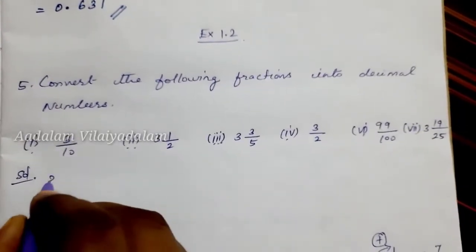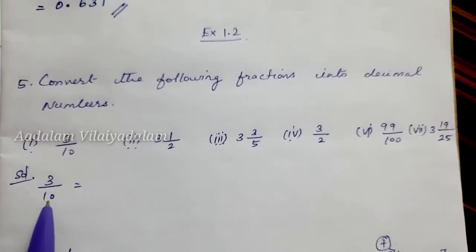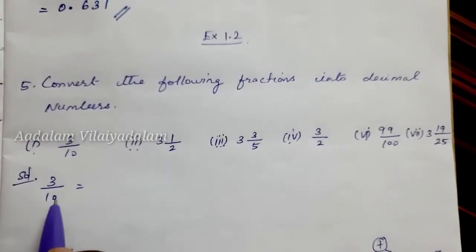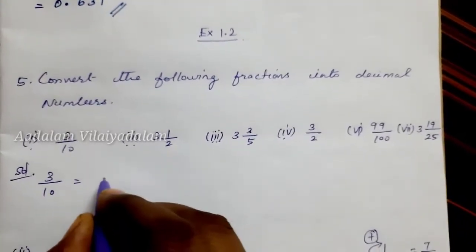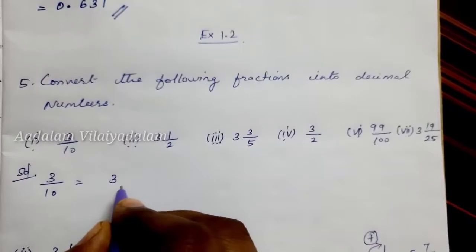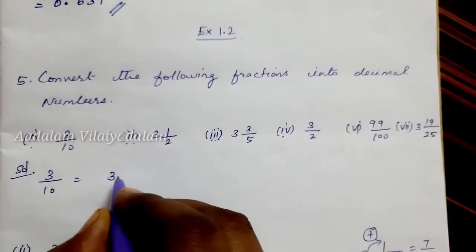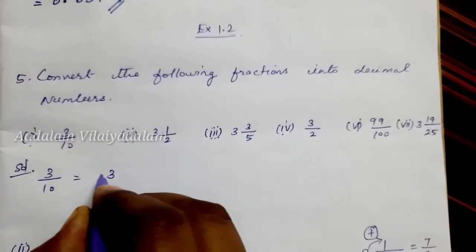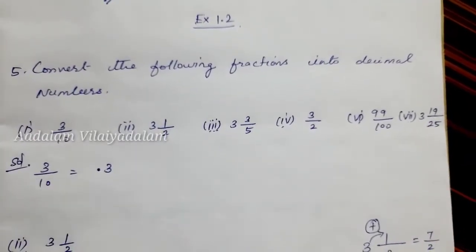So here the given number is 3 by 10. Look at the denominator. In the denominator, there is only one zero, that is 10. Now if there exists only one zero, then we can move the decimal point from right to left by one digit. So the decimal point comes before the 3.